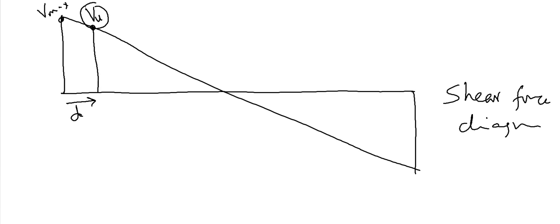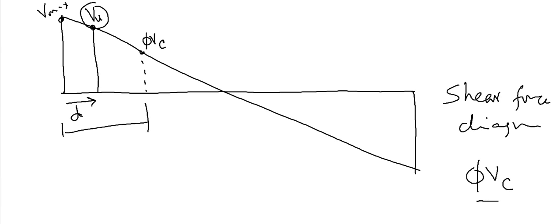Now how much can concrete take? Concrete can take φVc. So we will locate φVc somewhere. Say φVc is here. So we will locate it and calculate this distance. Now what does φVc mean? It means my concrete can take this amount of shear force. Anything here, actually we do not need any reinforcement because my concrete can take this shear force.